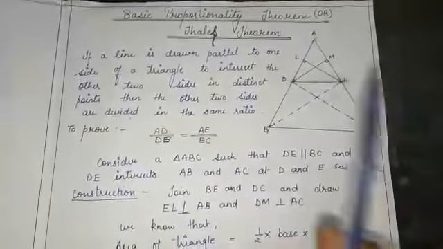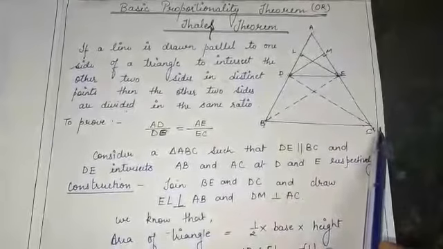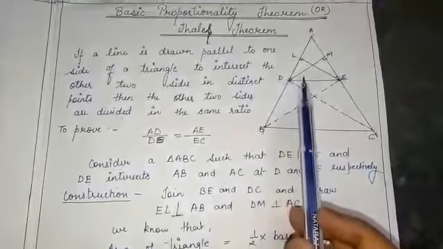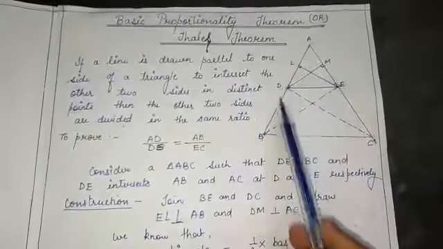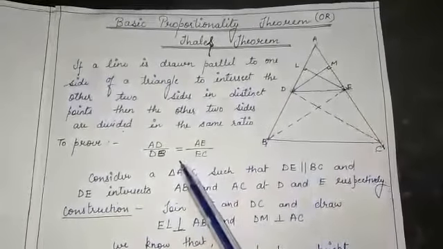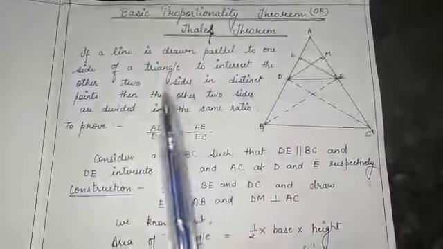That is, if DE is parallel to BC, then AD upon DB is equal to AE upon EC. This is the Thales theorem.